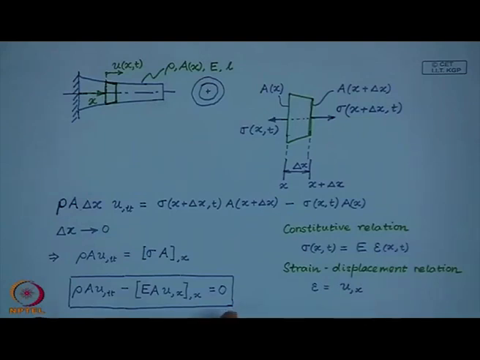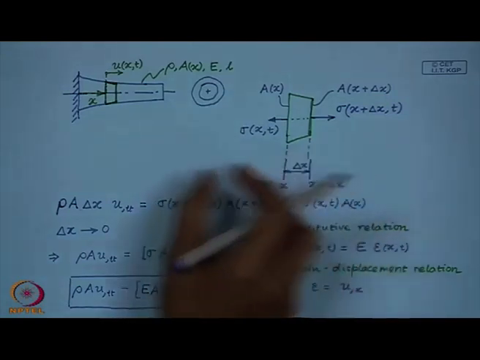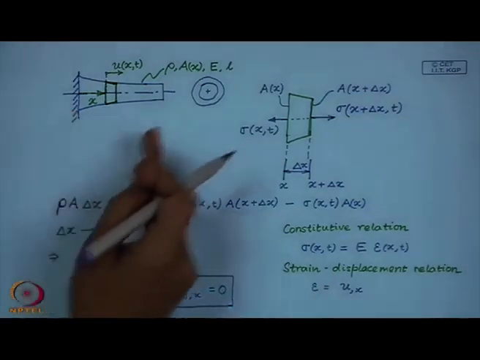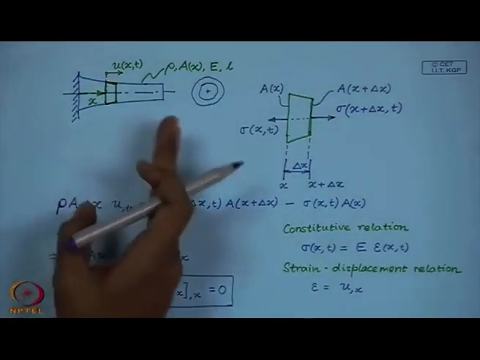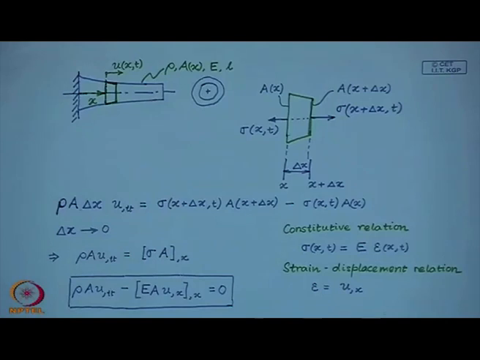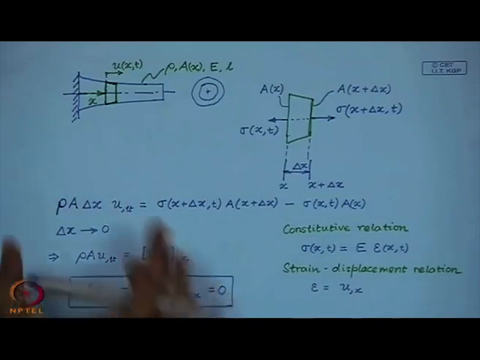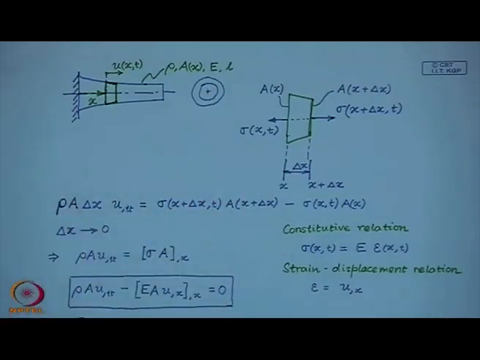Now, remember that this equation has been derived by considering a small element of the bar. That in no way describes to us the full physical picture of the bar. So, what I am trying to get at is we need to complete this description of the bar in axial vibrations; we need the boundary conditions.